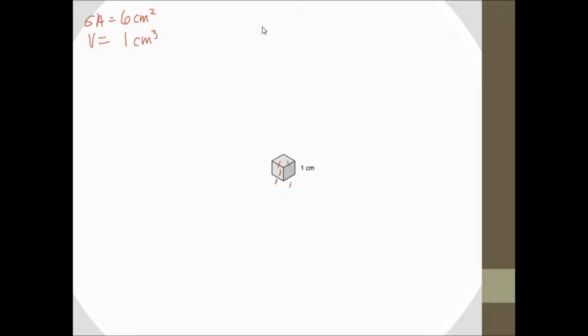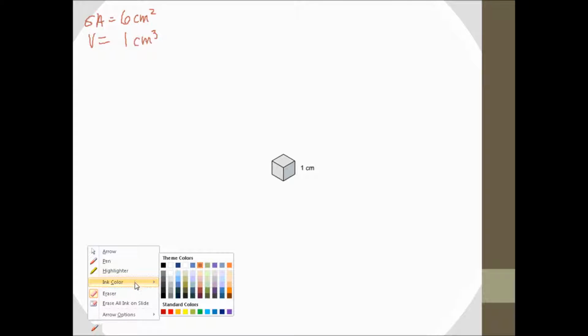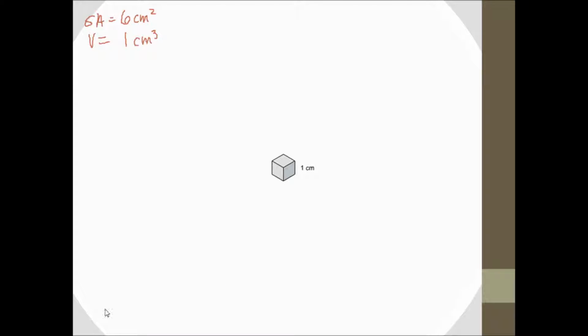All right, now we're going to do the same thing as what we just did on the last slide with this cube. Now, instead of a 1 by 1 by 1 cube, I'm just going to increase its dimensions.